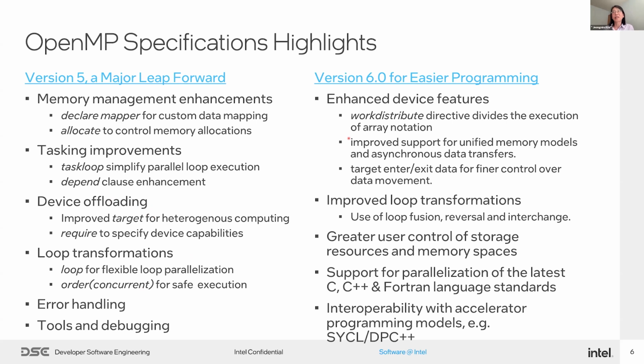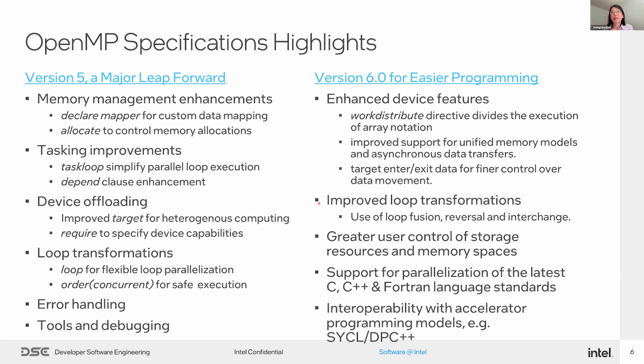And version 6, which was released last November at Supercomputing 24, is really about easier programming. So you took care of the portability part and the performance part. Now the standard community is trying to make programming easy so that you can improve your productivity.